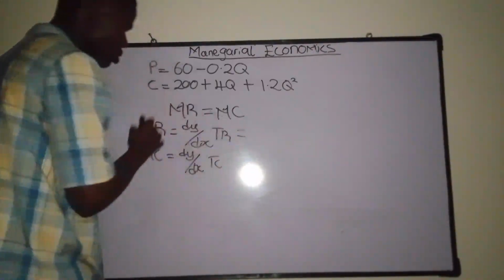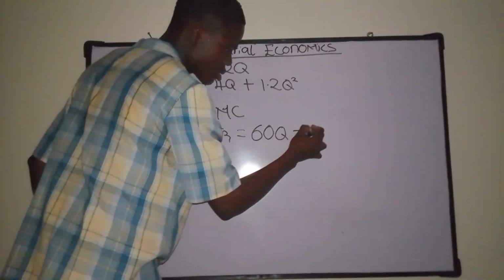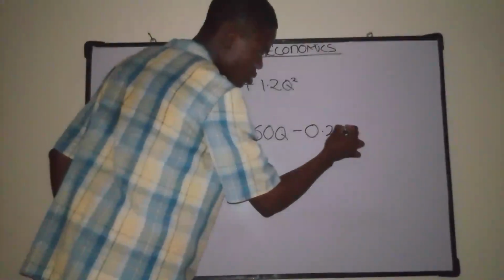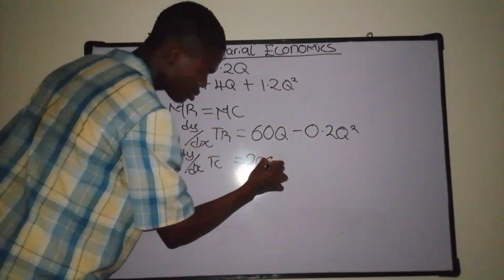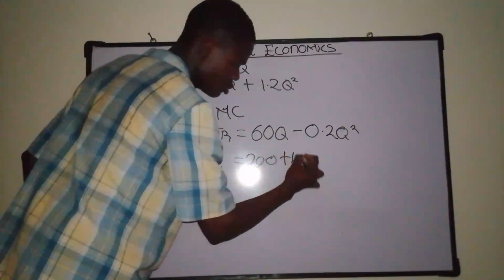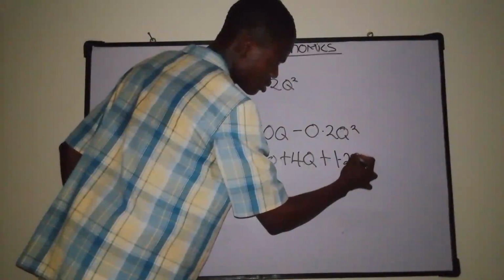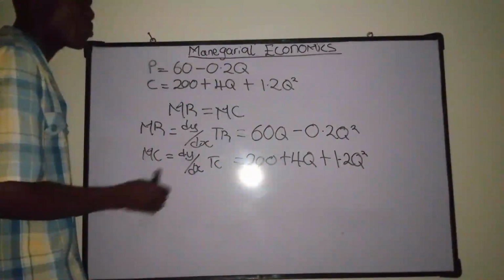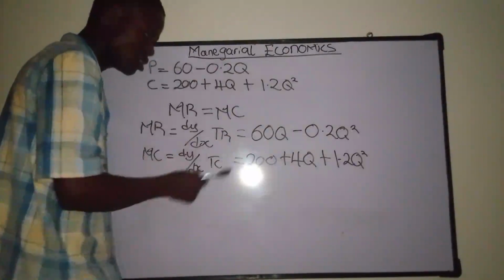So, total revenue is 60q minus 0.2q squared. Total cost is 200 plus 4q plus 1.2q squared. Derivatives work by using the power to multiply the number in front of the letter.